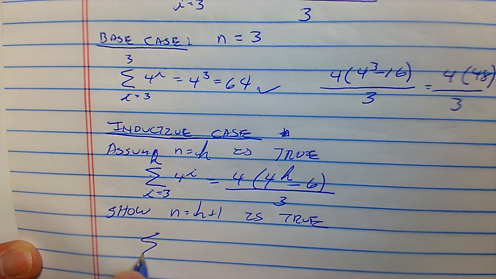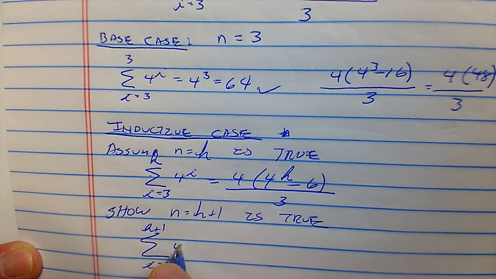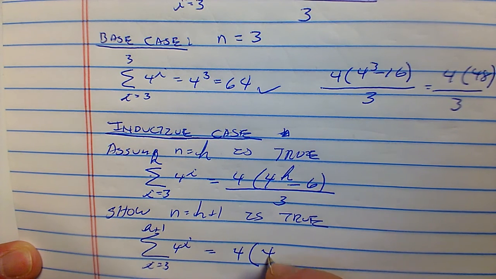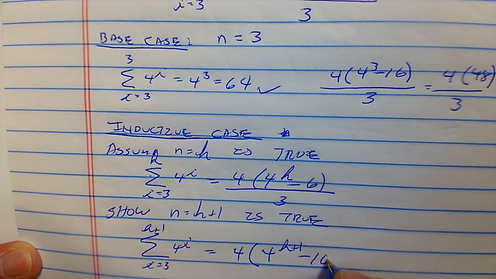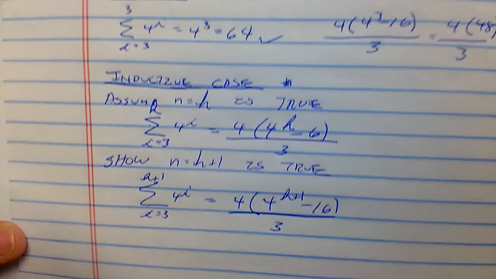Now what we have to show is that when n is equal to k plus 1, so we have k plus 1 up here, but we're still starting at 3, 4 to the i, that it's going to give us 4 to the, now substitute in k plus 1 where we had the n before, we get this expression. Alright, so what are we going to do?